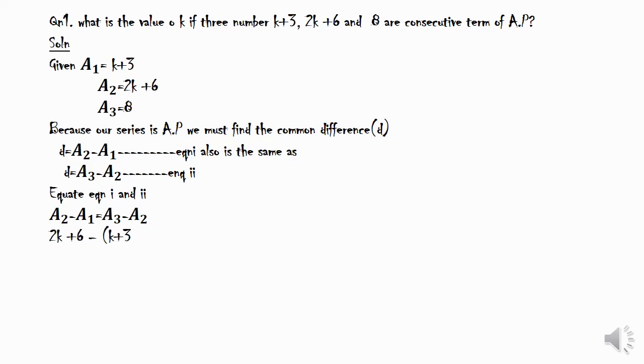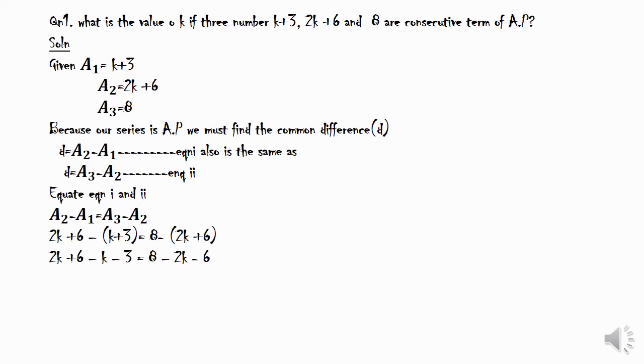It will be 2k plus 6 as the second term minus the first term k plus 3 is equal to 8 minus (2k plus 6). Open the bracket by multiplying with the negative, alright? It will be 2k plus 6 minus k minus 3 is equal to 8 minus 2k minus 6.